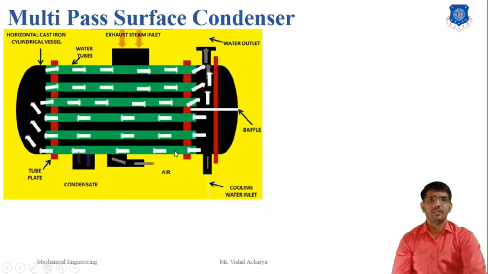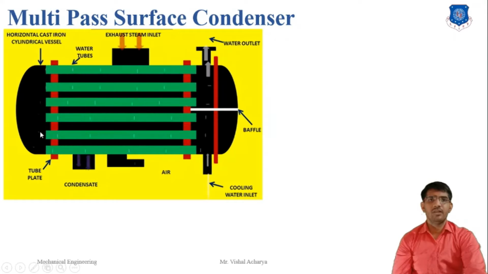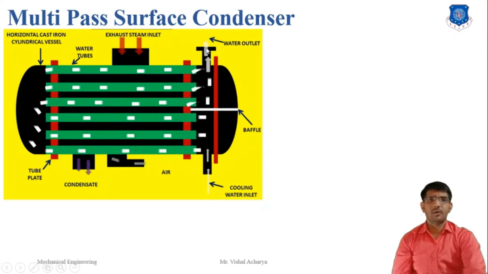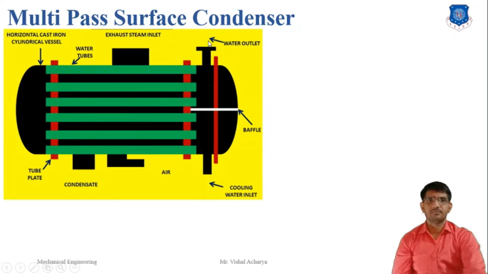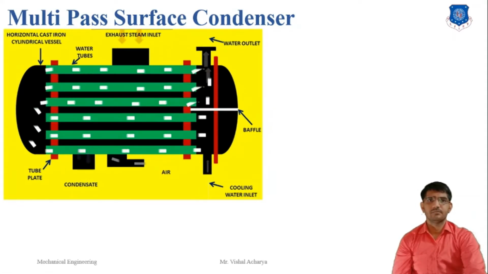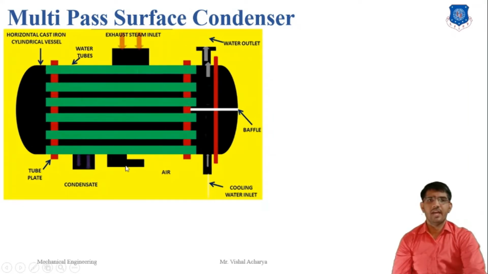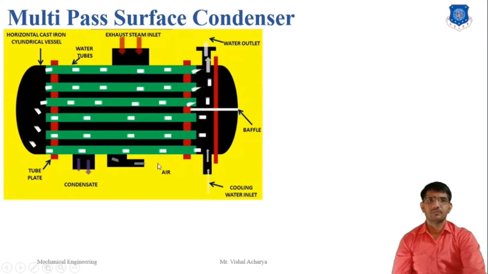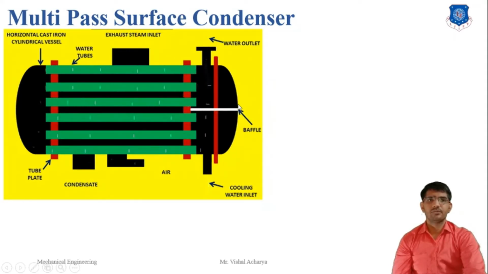Here is the cooling water inlet from the cooling tower, and the cooling water outlet to the hot well and the pump. Here the exhaust steam enters and the exhaust steam outlet, and the air is baffled for the turbulent flow produced.